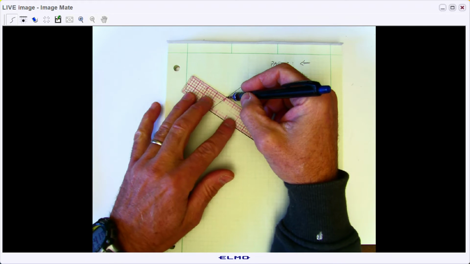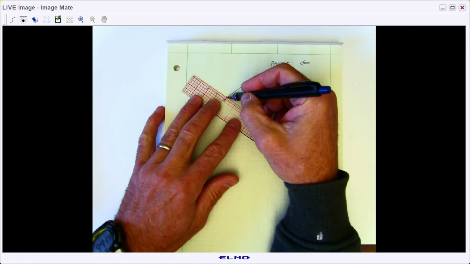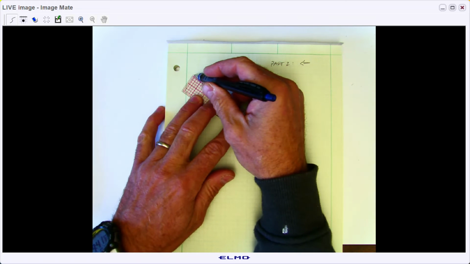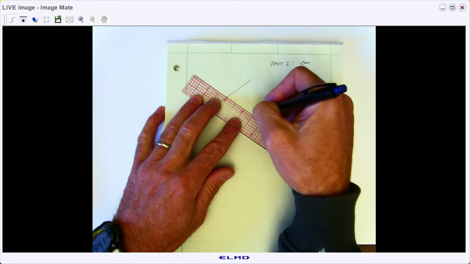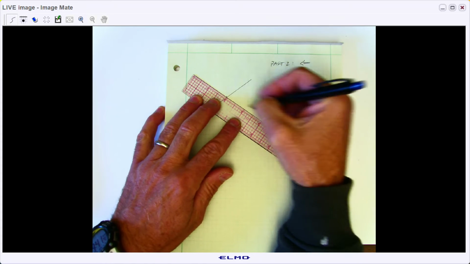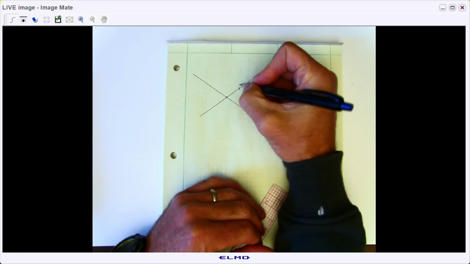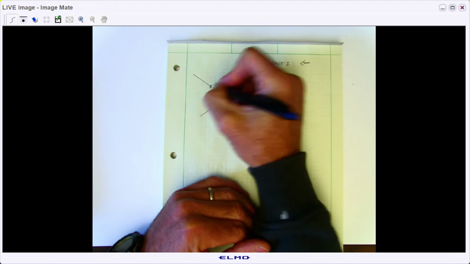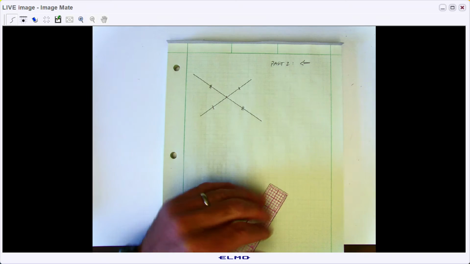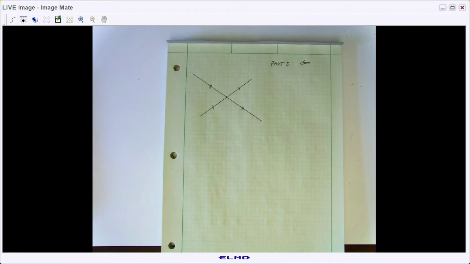So I'll do another diagonal that's 4 inches long. I'll put it in the middle, so that we get that sort of situation. So literally what I've done is I've drawn in two diagonals that bisect one another, and the question is, does that result in a parallelogram? Sure looks like it's going to.